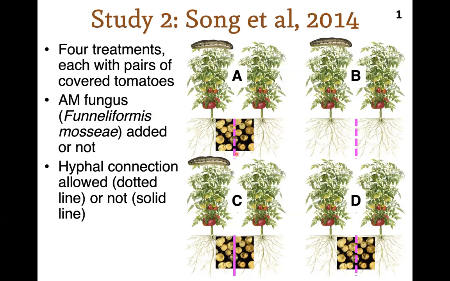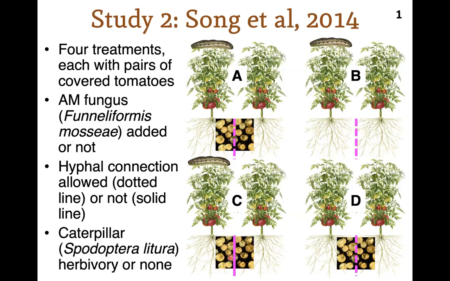And like the last study, they used a mesh, and the dotted ones are where the mesh is coarse enough to allow hyphal connections to grow through the mesh, not roots. So the roots are excluded in all cases, but in these cases, the hyphal connections can form. The solid line is one where the mesh is too fine, and so hyphal connections can't form between these two plants.